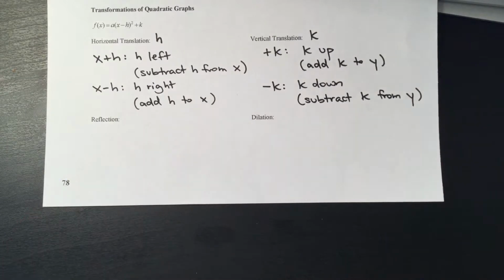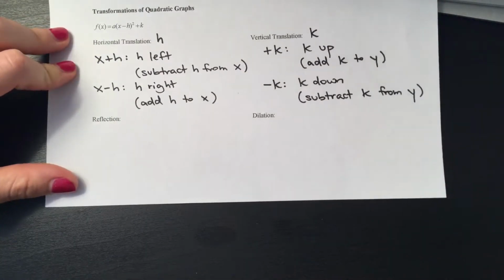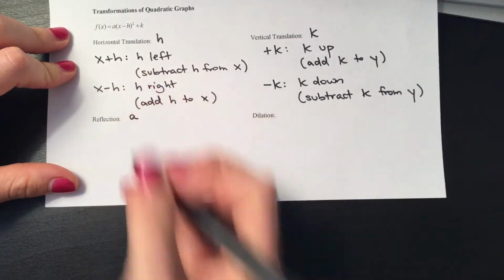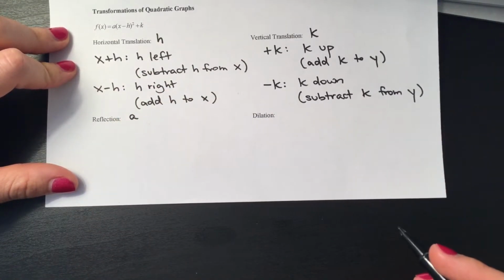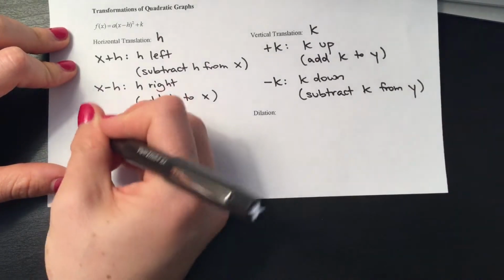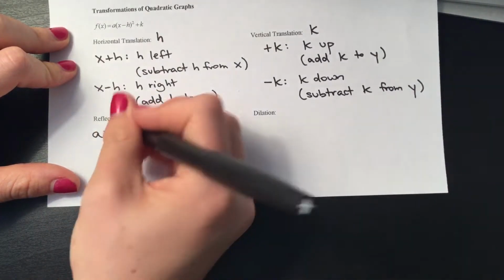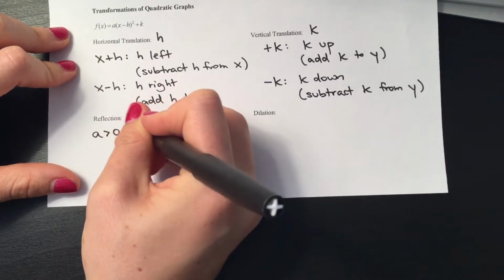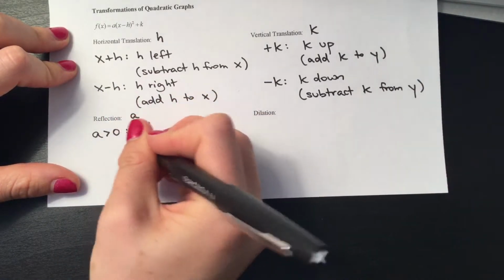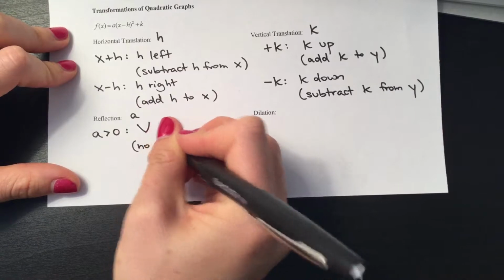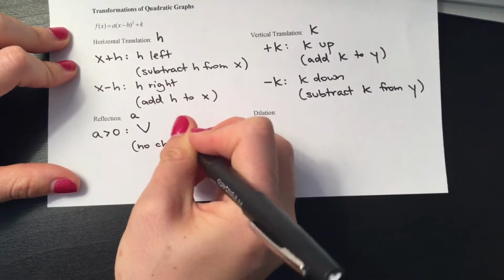Okay, next is reflection. Reflection has to do with that value of a. So it has to do with a, but mostly if a is positive or negative. Okay, so if a is positive, then it's going to be right side up. Okay, so it's going to look like this. And there's no change made, because that's kind of the default setting, is that it would face up anyway.